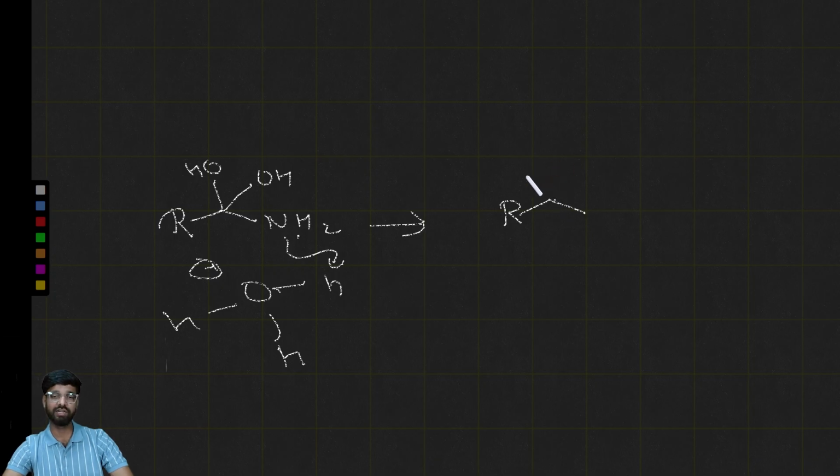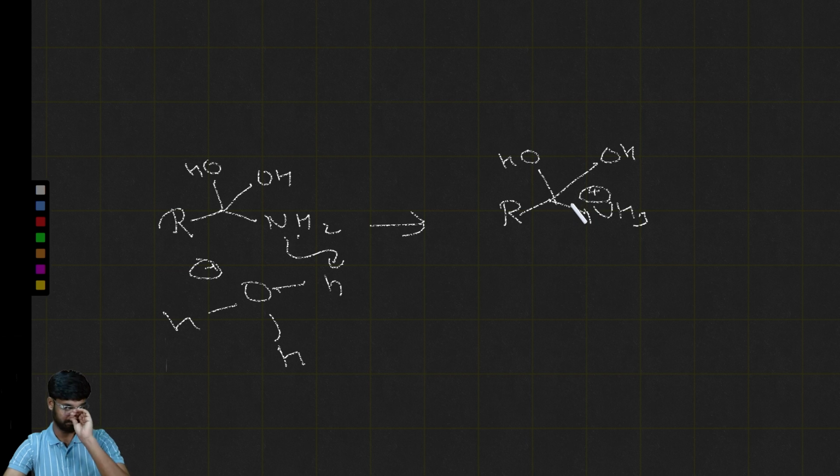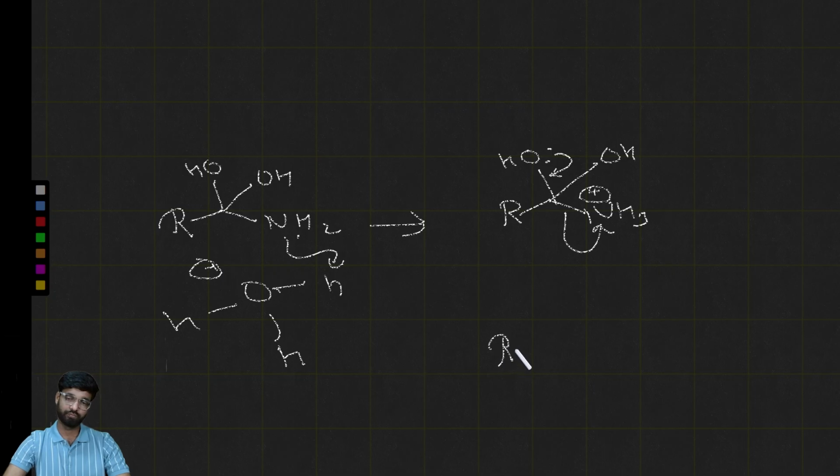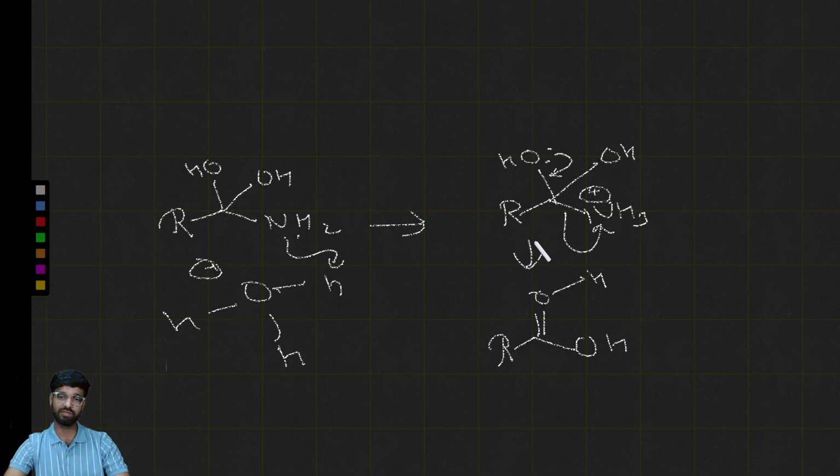What would it result in? It will result in a diol and an NH3 plus attached to it. Now this lone pair on oxygen will push, because NH3 is a good leaving group, so it will leave here. So this would be the end result of this mechanistic part.